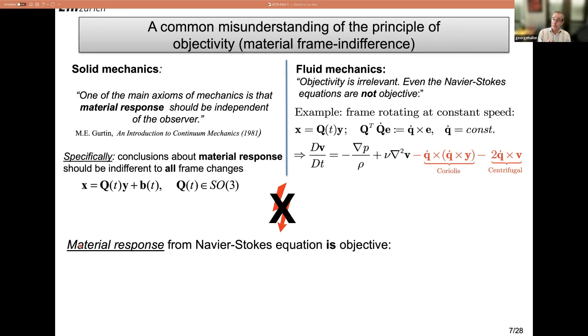That's our axiom in fluid mechanics as well, which is that material response from the Navier-Stokes equations is objective. If something is a material trajectory in one frame, then the image of that under the transformation should be a material trajectory in the other frame as well.